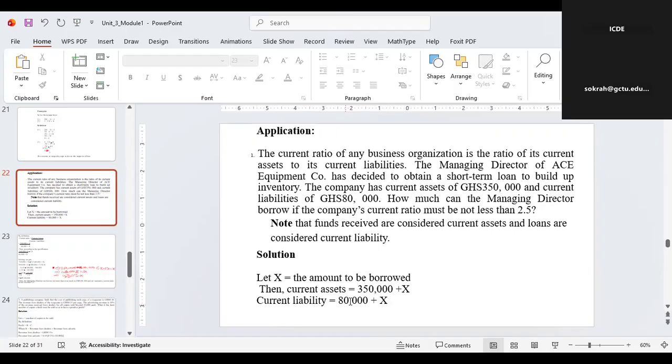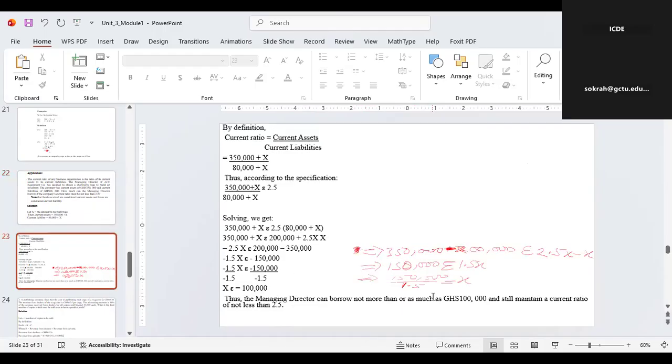Once you take the loan, they give you money which you add to your assets, and it also adds to your liabilities. So we still add the X to the liabilities. So that is what you see. Now, by definition, as I explained earlier, current ratio is current assets over current liabilities.